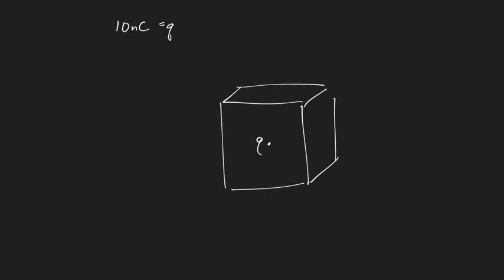And we'd like to know how much flux passes through one surface. Well, would you agree that the entire flux is going to be Q over epsilon naught? Would you also agree that since we're at the center of the cube, every surface will have the same amount of flux? Because it's symmetrical? How many sides are there to the cube?